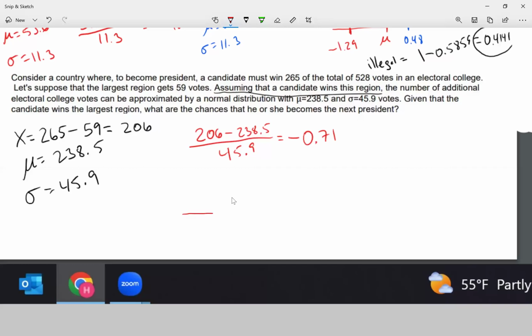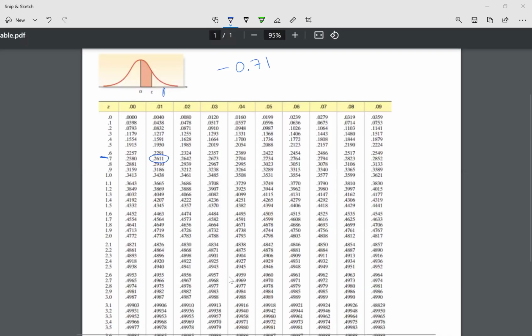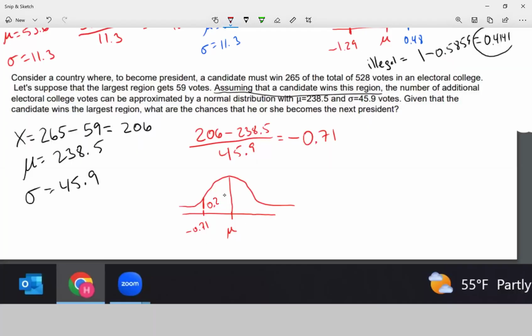Okay, let's see. From my mu to my z-score, negative 0.71, this area right here is 0.2611. Let me double check. Yeah, 0.2611. Okay.